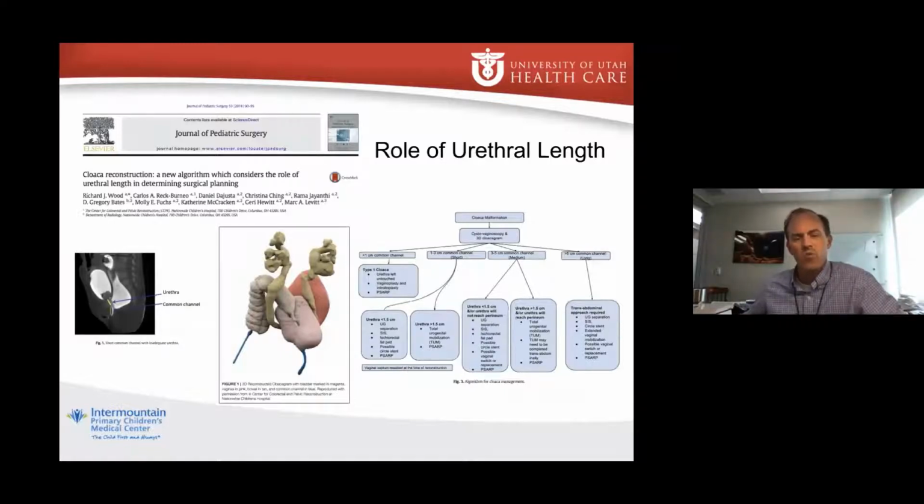They have done some work looking at VCUGs and determining what is the typical urethral length in females, and it's about 1.5 centimeters is what they found. They also looked back at some of their complications and complications that they got from other centers, and it seemed that patients with shorter urethral length tended to have more problems with continence.